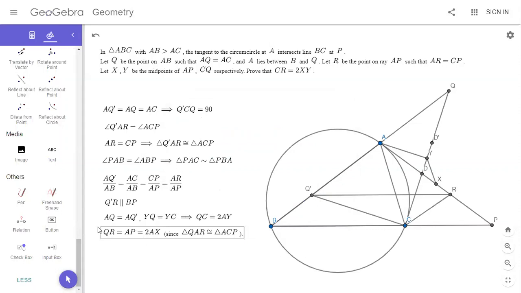That's why QR is equal to AP. And then we can show a third angle is equal. So I can see why angle YAX is equal to angle RQ prime C.